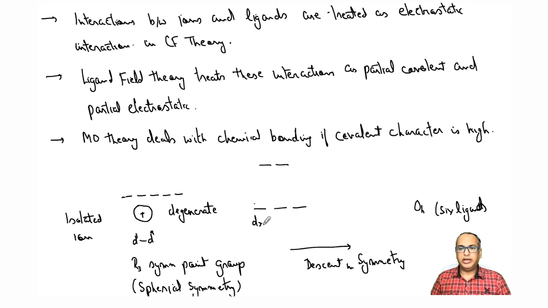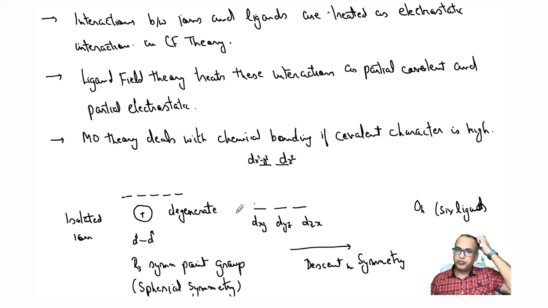So this will be dxy, dyz, dzx, and this will be dx square minus y square and dz square, right? Or if you do the same thing in a tetrahedral field, then the pattern will be reversed. We'll see how it works out. So we can say that the degeneracy is lifted here.